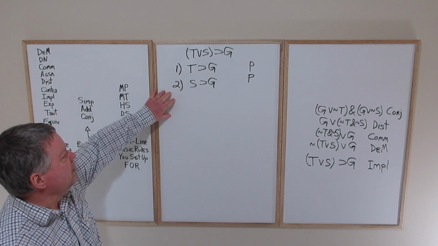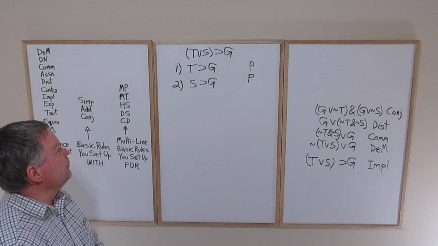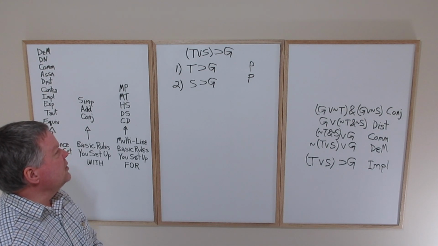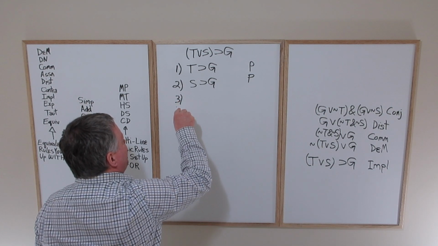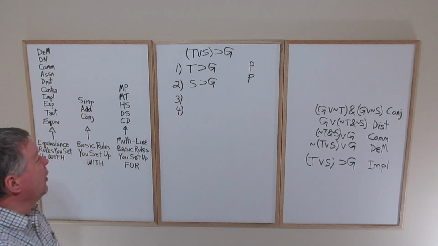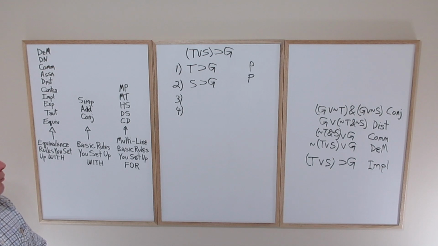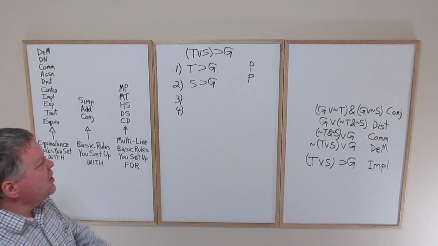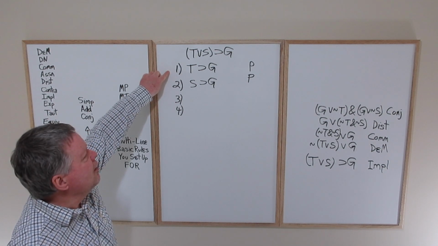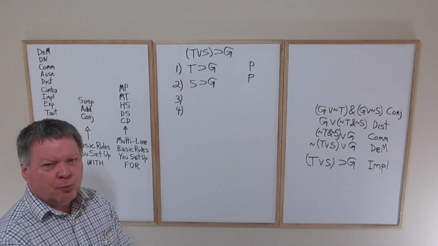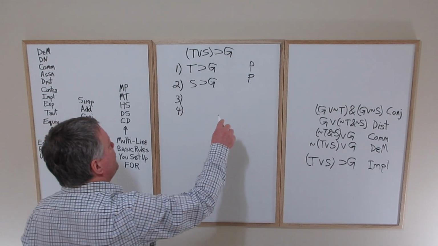Hopefully, at this point, when you look at our available information, the way to proceed will come to you. So we want to get G or tilde T. Can we get G or tilde T from the conditional T horseshoe G? Yes, we can, and that's going to require two steps.